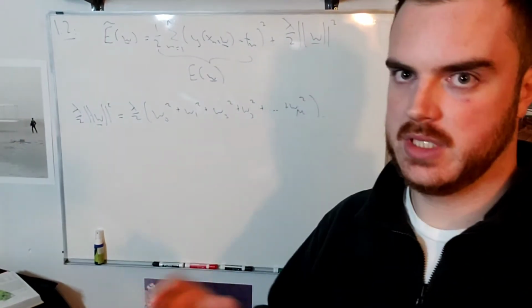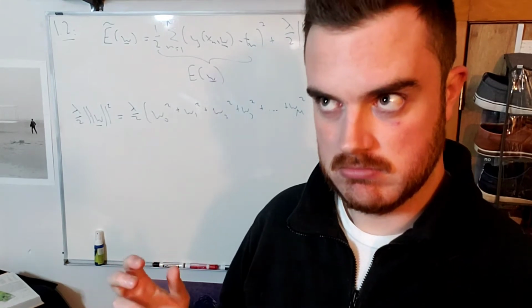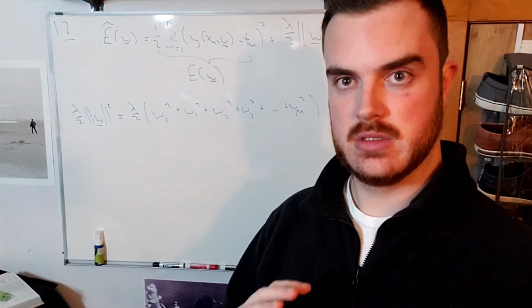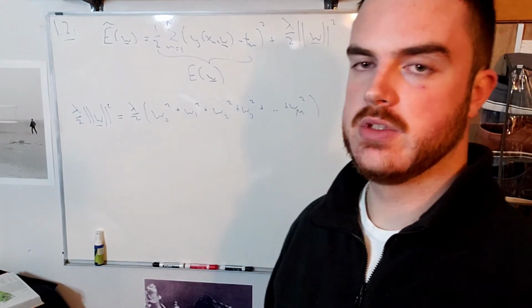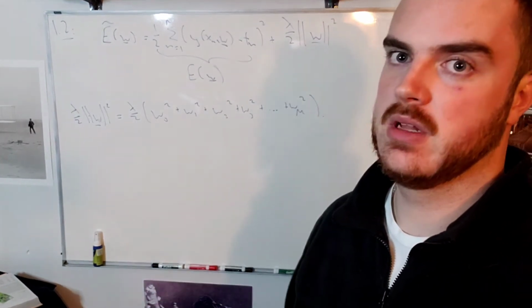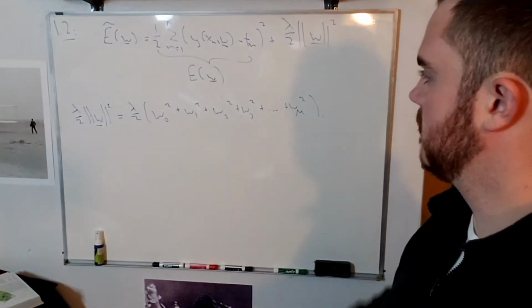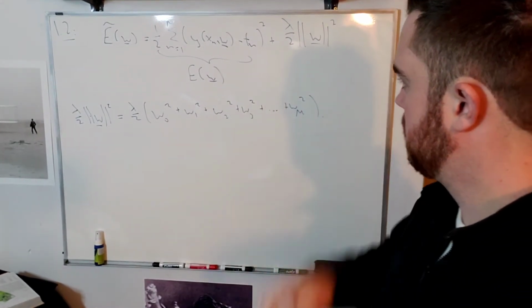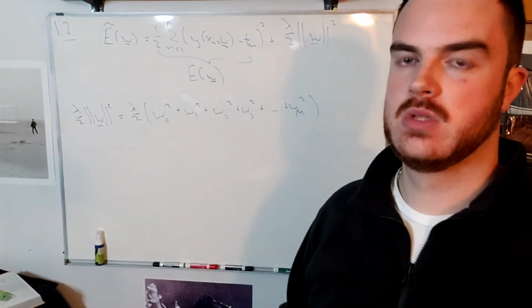When you take the norm, you're taking the square root of the sum of all the elements squared. And if you square that, you basically just get the sum of the elements squared, which is what that is. And you're multiplying it by the regularization term, lambda divided by 2.